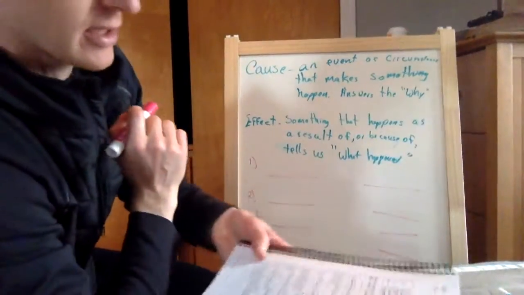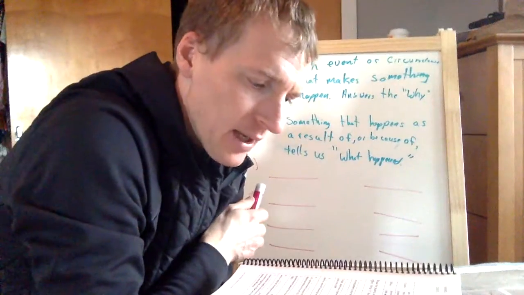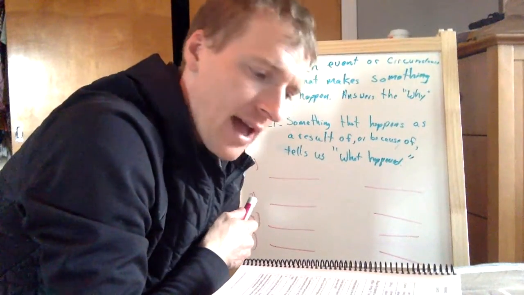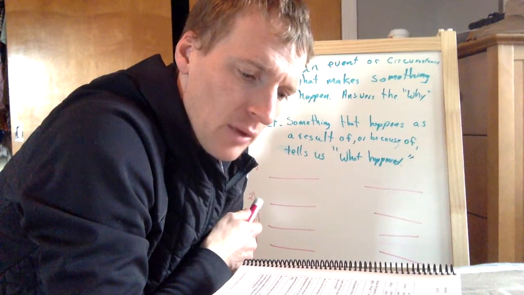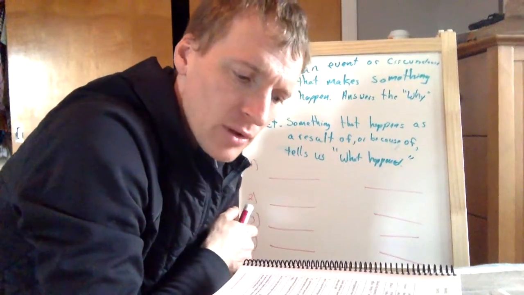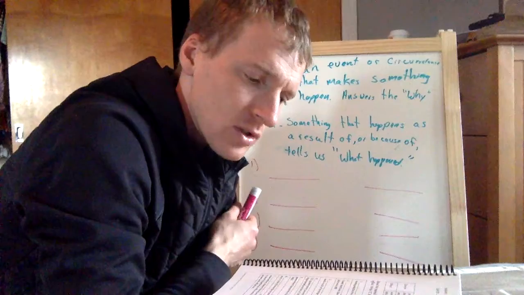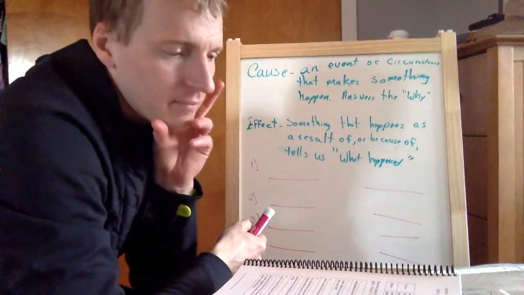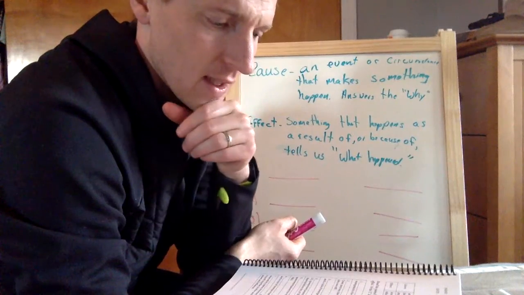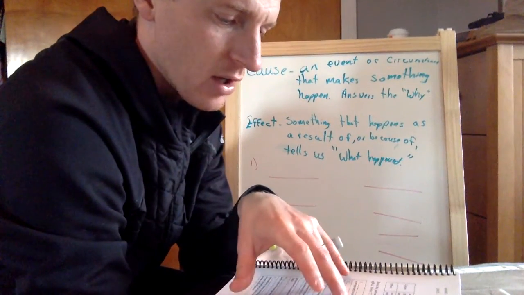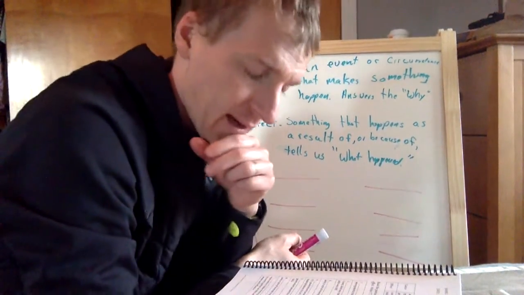Number 1 says, Europeans immigrated or left to the New World. And the other one is Europeans had little opportunity in Europe. So we have to think about it. Why is going to give us our cause, and what happened will be the effect.